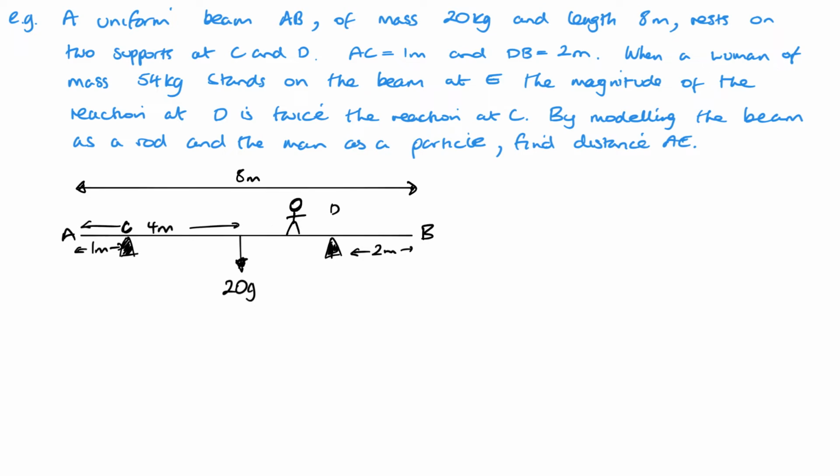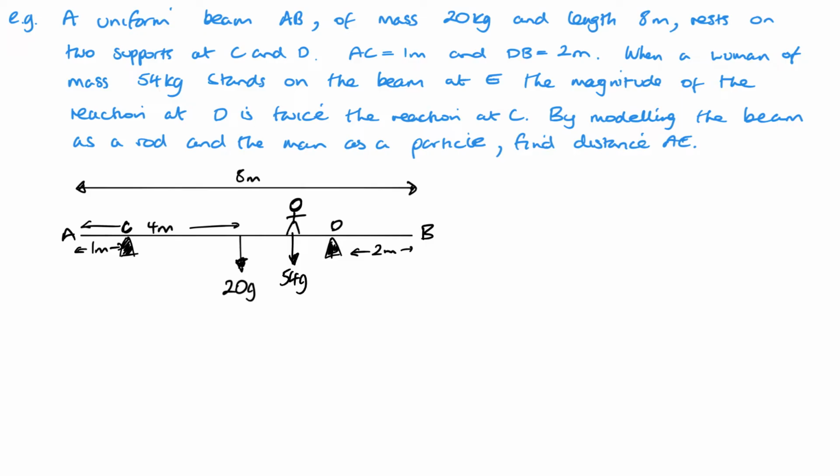And what I've just done is taken away that 4 meters just to make my life a little bit easier, and hopefully you can see exactly what I'm doing. So this one is 54 kilograms. So this is where my diagram is currently at.